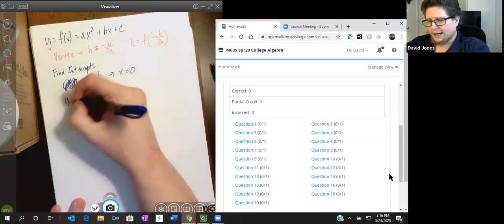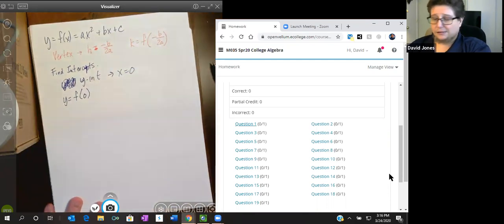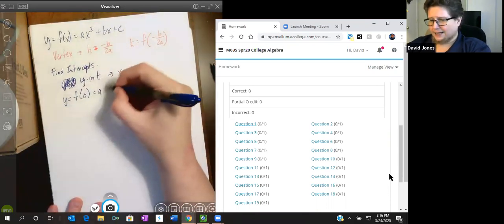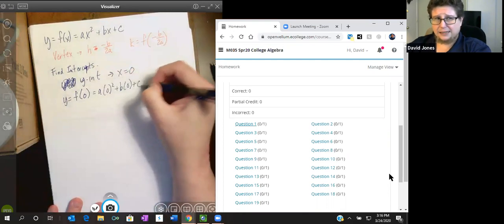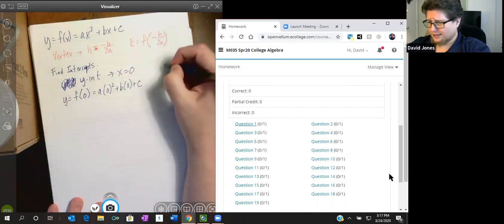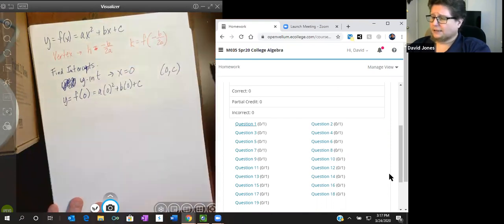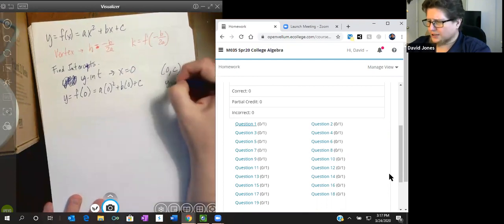So I've got y equals f evaluated at 0, a times 0 squared plus b times 0 plus c. My y-intercept is just 0, c. This whole thing is the y-intercept.